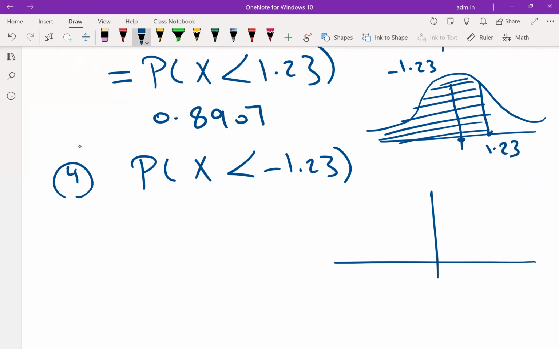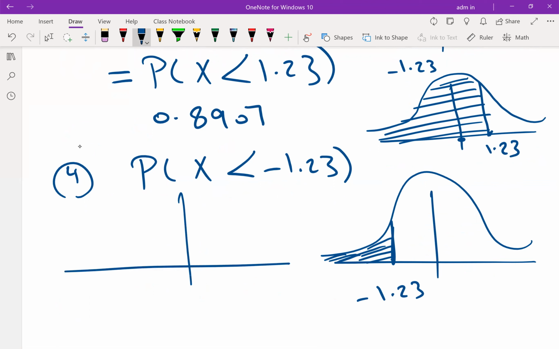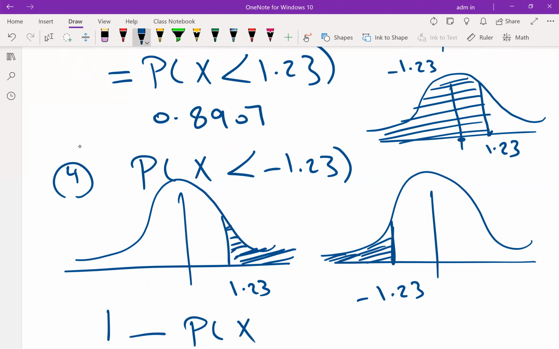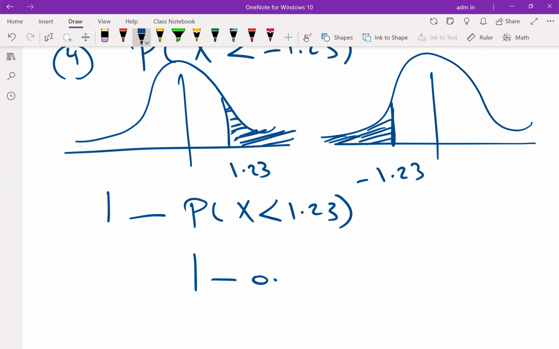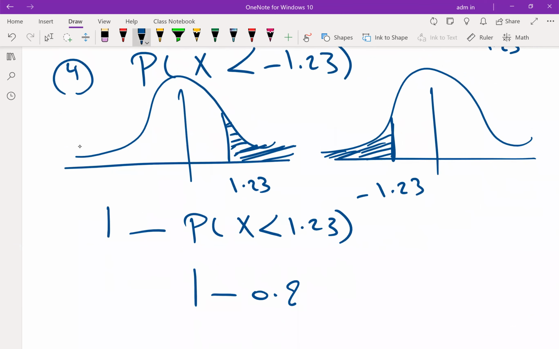What about if it is less than a negative value? By drawing the curve, we want the area less than negative 1.23. By using symmetry, we switch this part to the other side. How to find this area? 1 minus the probability of x less than 1.23, so 1 minus 0.8907. Clear?